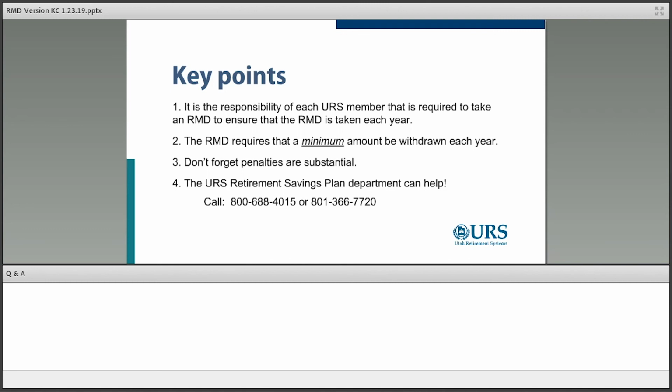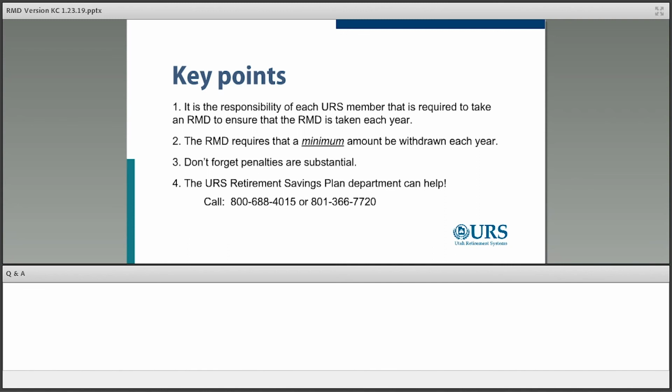The penalties are substantial. And then last but not least, give us a call here at Utah Retirement Systems if there's something we can help you with on your minimum required distribution. If you have any questions on your specific account or on your particular situation, please give us a call.